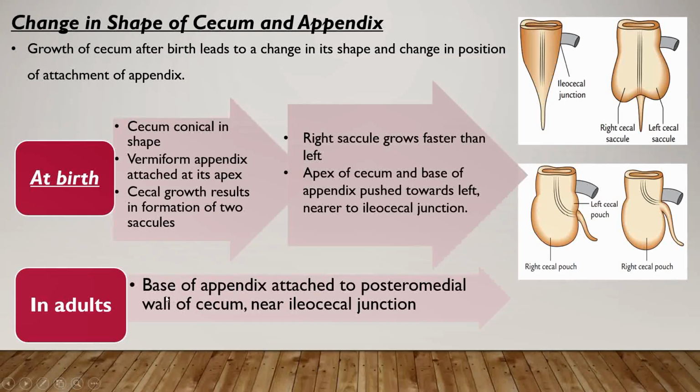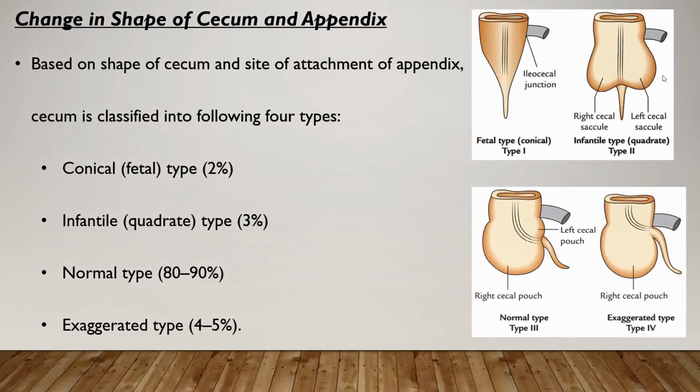So now in the adult, the base of the appendix is attached to the posteromedial wall of the cecum near the ileocecal junction. The reason, as I have already told you, is that the right saccule of the cecum increases in size more than the left saccule.